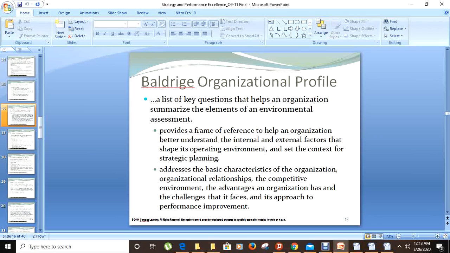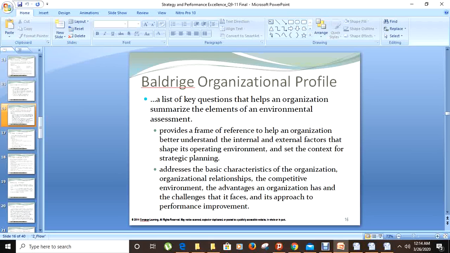Let me start from the time I stopped last time. This is slide number 16. Now, talking about the Baldrige organizational profile, this is to learn how the Baldrige organizational profile addresses the basic characteristics of the organization, that is, its relation with the competitive environment, the advantages an organization has, and the challenges that it faces.